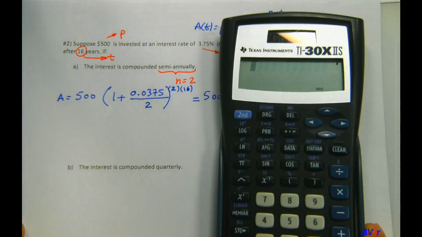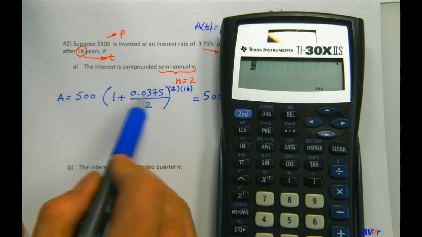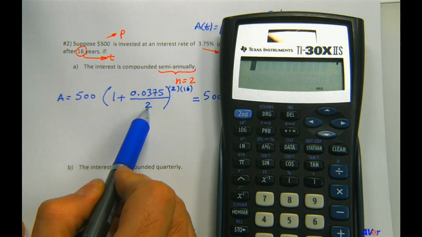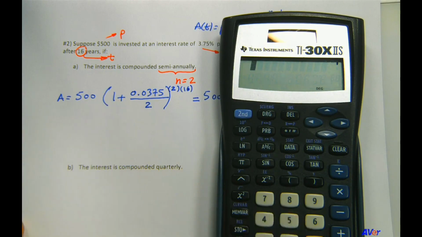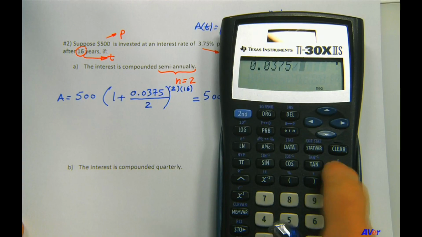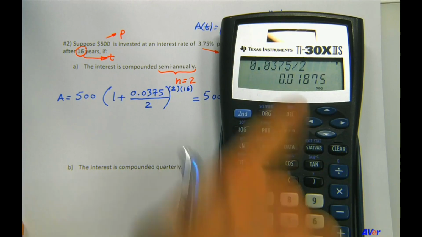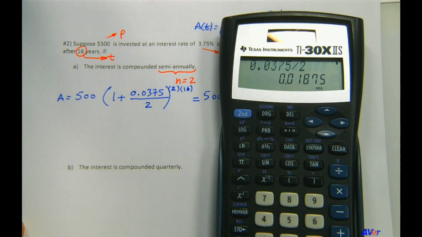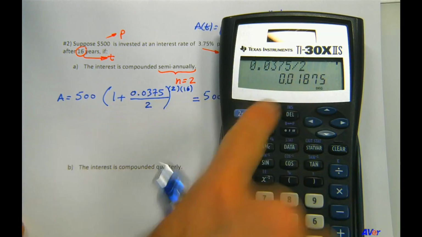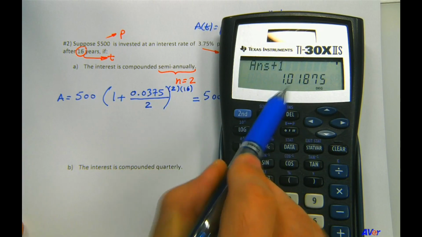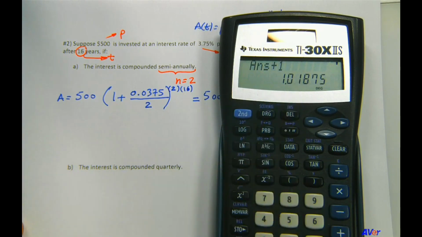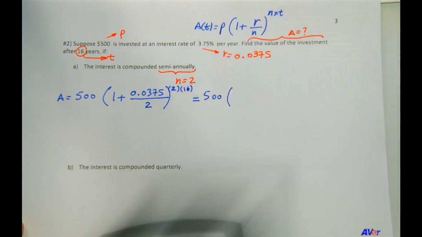I'm going to divide 0.0375 by 2 and add the result to 1. So 0.0375 divided by 2, look at that quantity, and now I'm going to add 1 to that, plus 1, which gives 1.01875. I'm going to write that down.